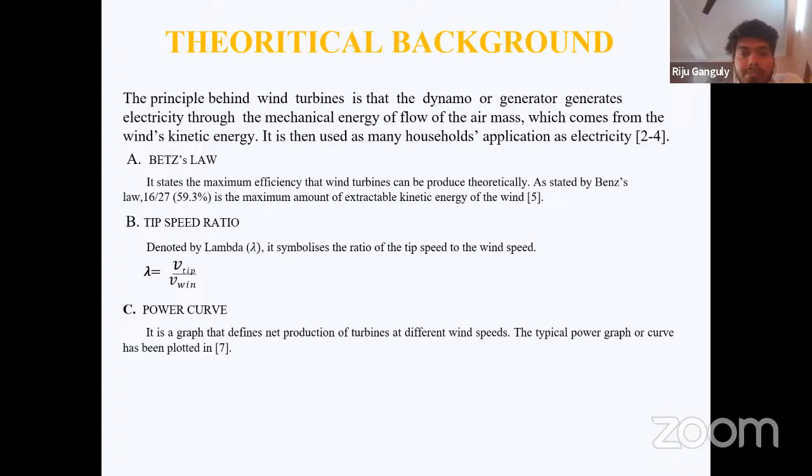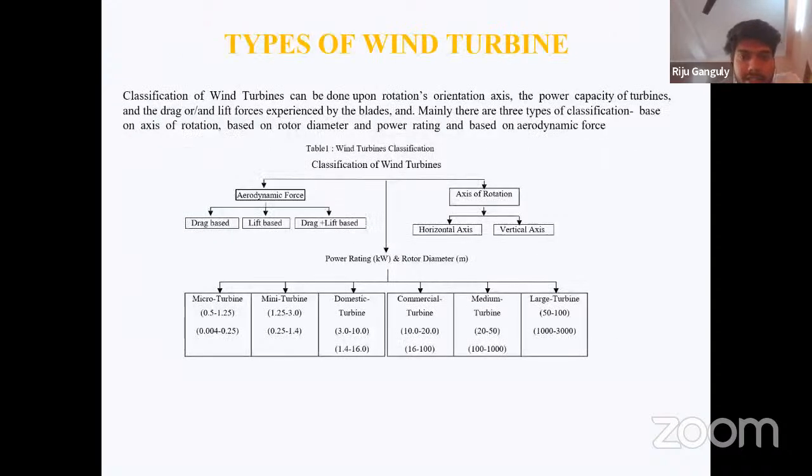As stated by Betz's law, 16/27, or 59.3%, is the maximum amount of extractable kinetic energy of wind. The tip speed ratio, denoted by lambda, symbolizes the ratio of tip speed to wind speed. Lambda equals v tip by v wind. And sir, can you share the next slide, sir?